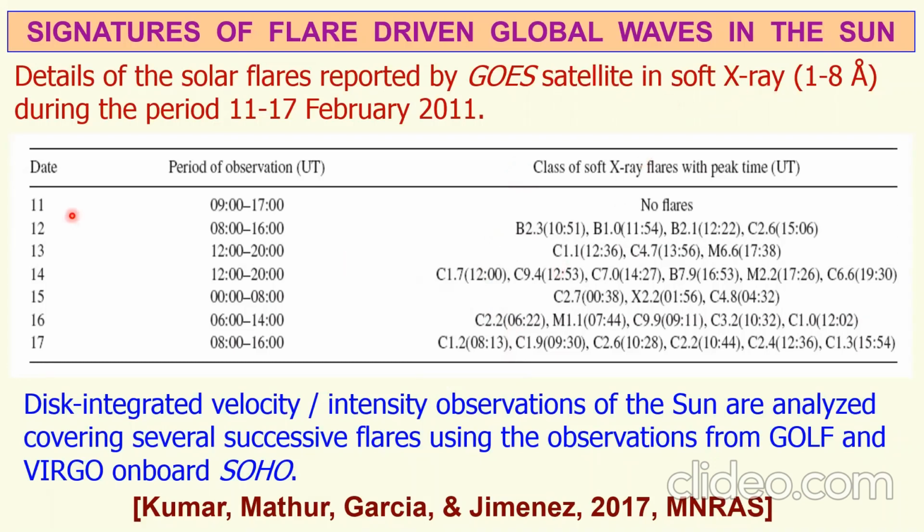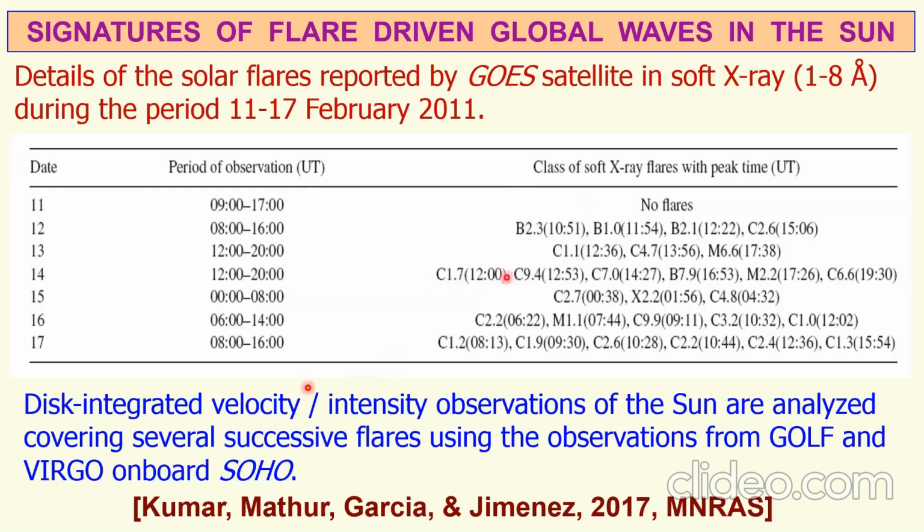On 11th February, there were no flares, whereas from 12th to 17th February, there were several flares crowded in our observing window. So this gave us an opportunity to compare the flare-driven global waves in the sun with respect to a day where there were no flares.